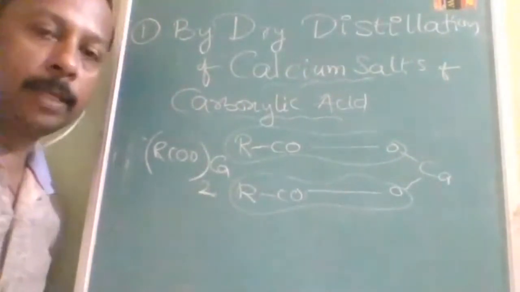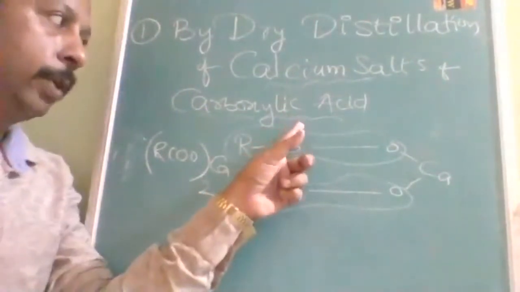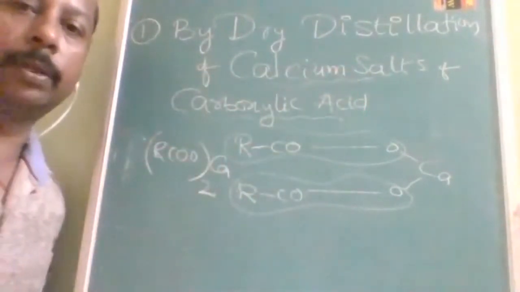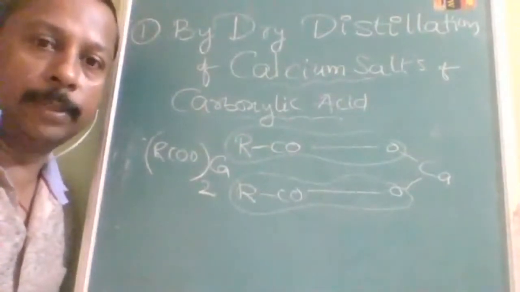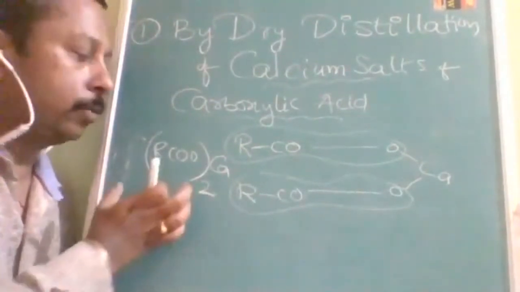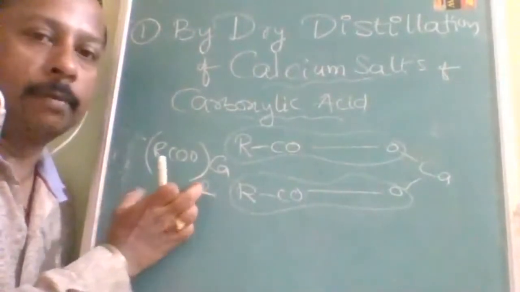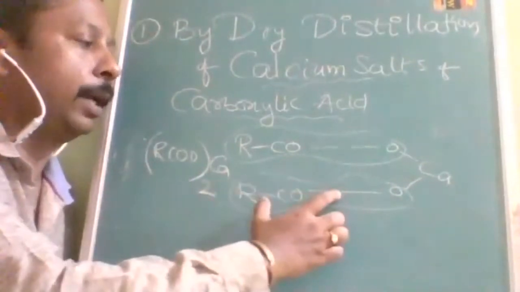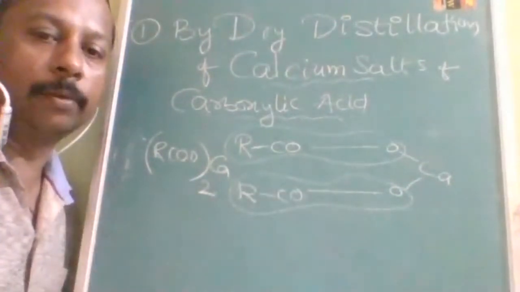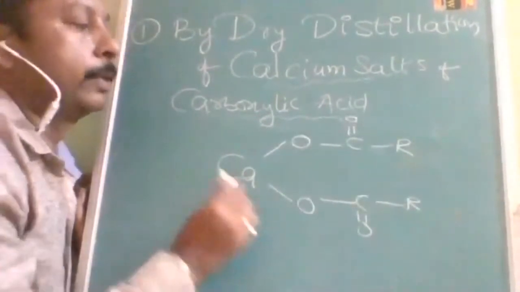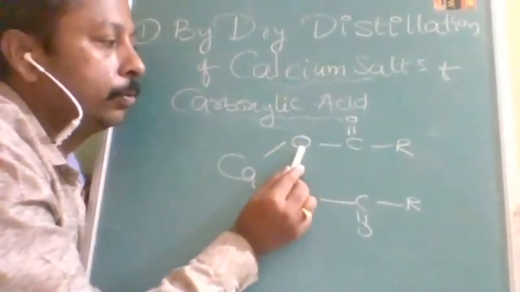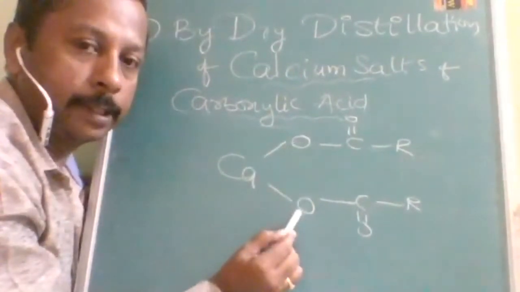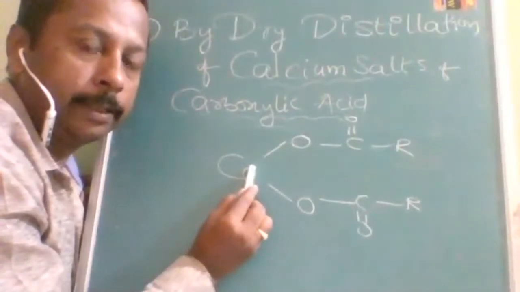The problem comes here: it is a monobasic acid and a diacidic base. Because of that, there is a change in the format. Two acid molecules are required for 1 mole of the base. Here, H is lost because it is an acid, and OH is lost by the calcium because it is a base.